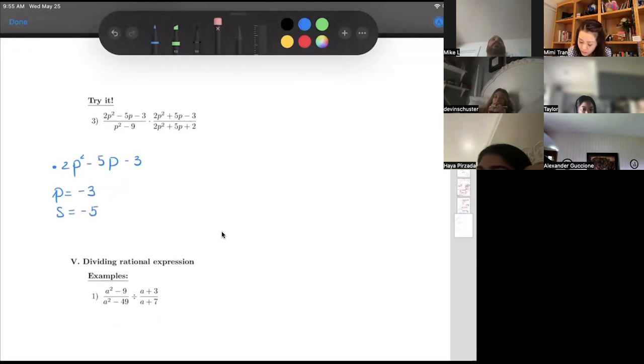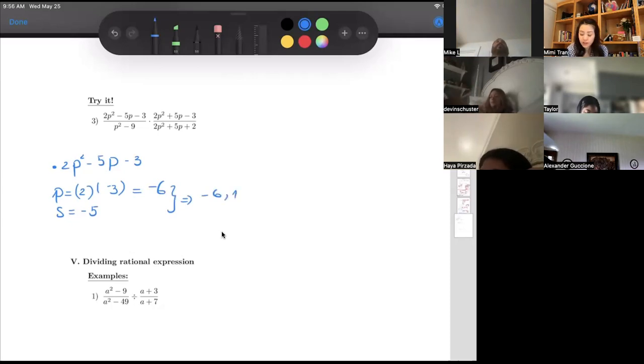The product to be 2 times -3 is -6. Forgot about the 2 there. So what is it? What do you think? -6 and +1, right? The -6 times 1 is -6, -6 plus 1 is -5. So this is equal to 2p squared minus 6p plus 1p minus 3.